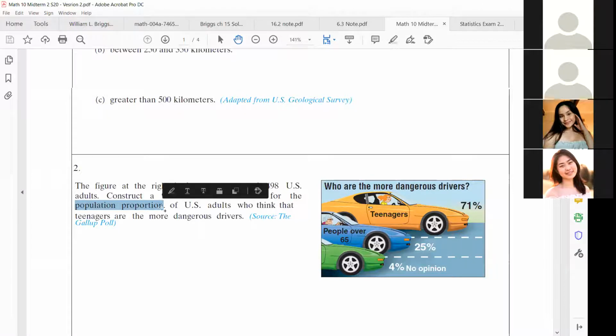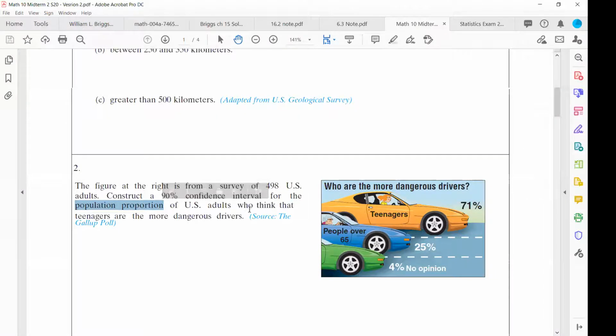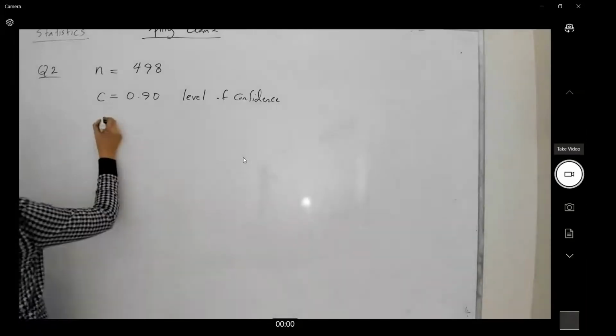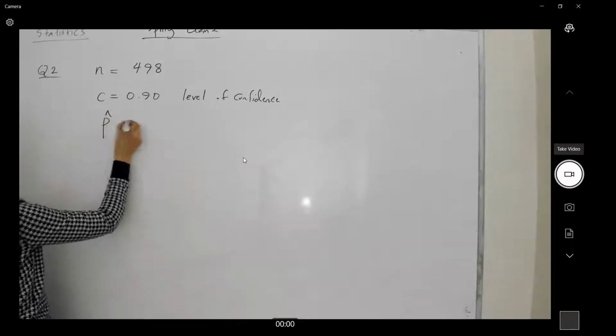What it is? Of US adults who think that teenagers are the more dangerous drivers. Well, teenagers, do we have a point estimate? Yes, our point estimate is 71%.